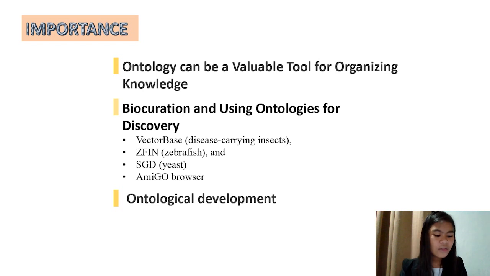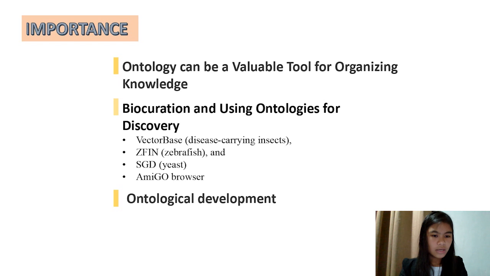So, non-automated annotation efforts using the gene ontology as well as other anatomically specialized ontologies are currently being performed at several model organism databases such as VectorBase, ZFIN, CGD, and the AmiGO browser. So these are the efforts being done with the ontology.